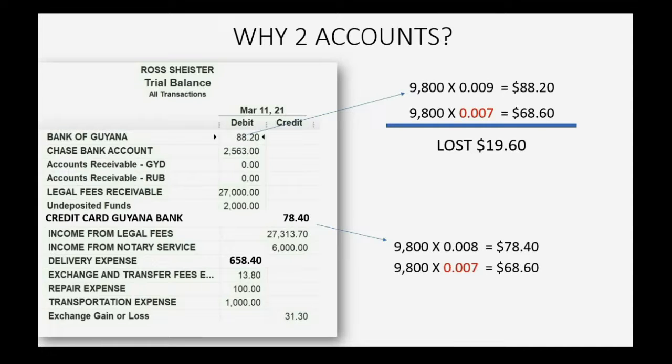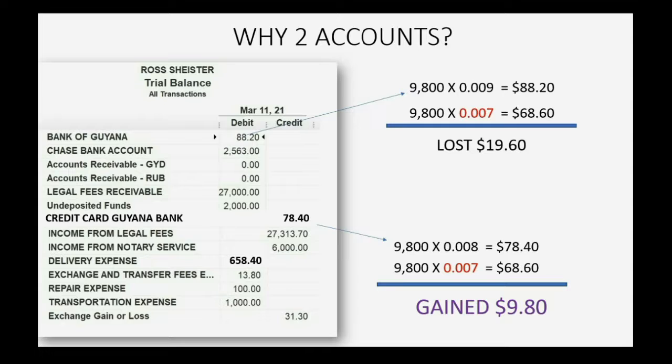Now, on the day that we pay, they're only worth 0.007. So that means that same 9,800 that we owe in Guyana dollars is now only worth $68.60. And guess what? You actually gained $9.80 between the date that you charged and the date that you're going to pay.